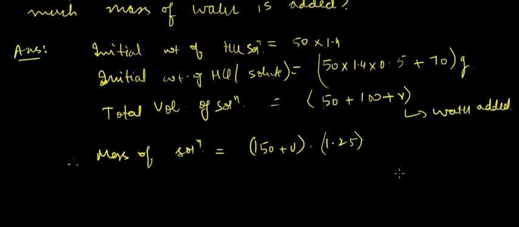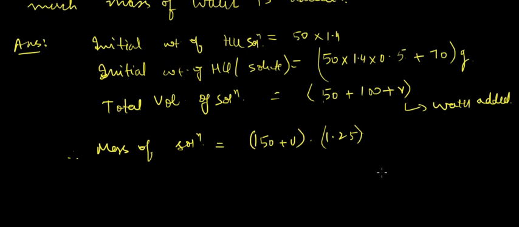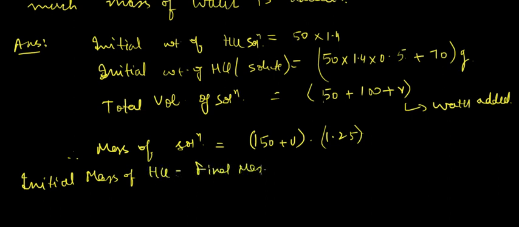Okay, so we can say that the initial mass of HCl would be equal to the final mass of HCl. This implies the initial mass of HCl was this one, let's call it number 1. Number 1 is a known value, you can calculate it, and it is equal to the final mass of HCl.